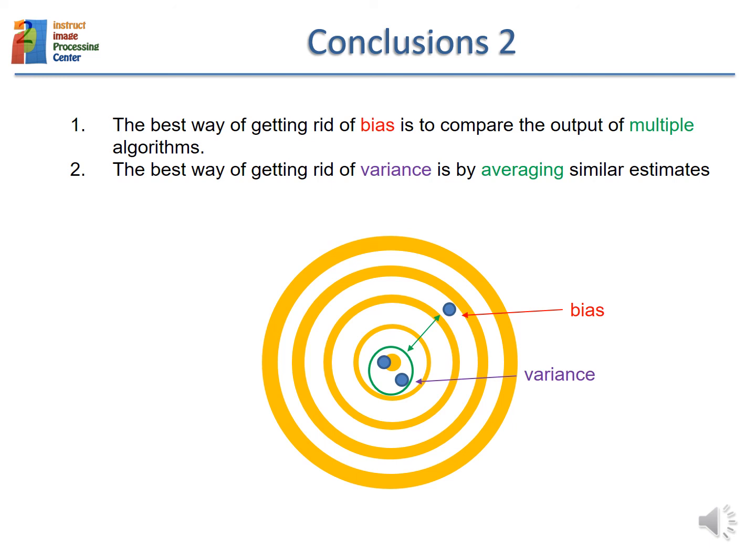Let's say for an image you get this parameter, and for the same image with two different algorithms you get these two, so you would tend to think that these are the true parameters and this is just an outlier of that estimation. And the best way of getting rid of variance is by averaging similar estimates. So now we would exclude this parameter and compute the average of these two, and the average should be more accurate than a single estimate.